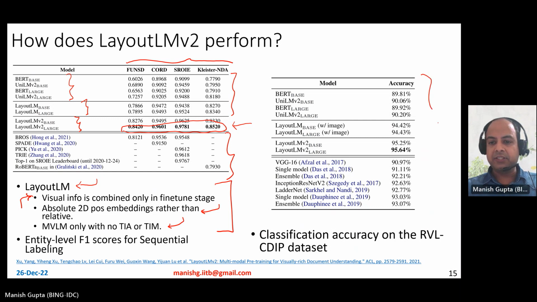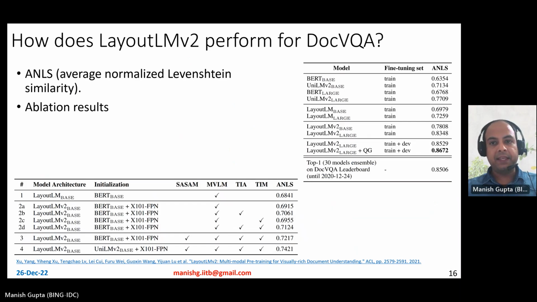Now here are the results, classification accuracy on the RVL-CDIP data set. Again, in the 16-class classification task, you obtain super high accuracy, 95.64% using LayoutLMv2, which is clearly state of the art. This is the last task, the document visual question answering task. Remember the one where you have like 50,000 questions?